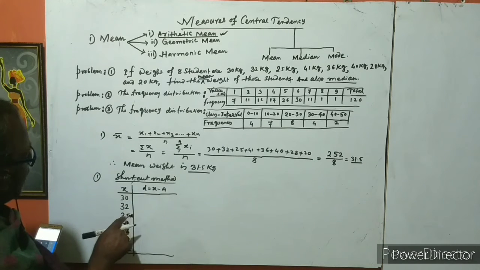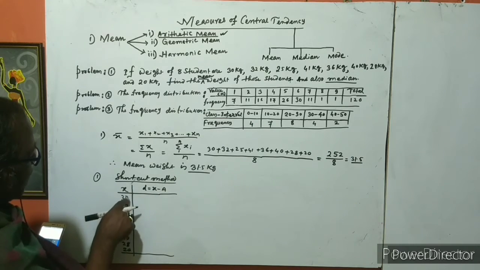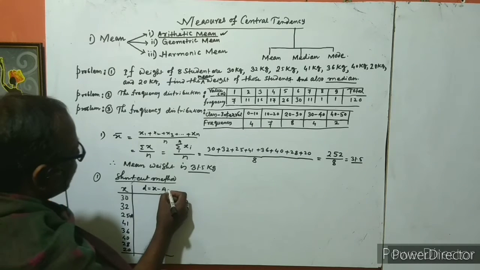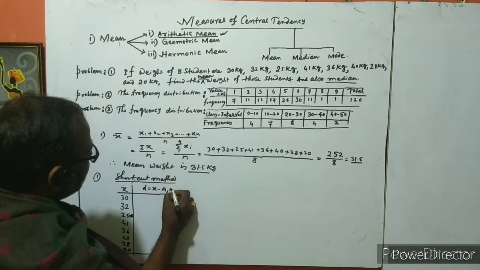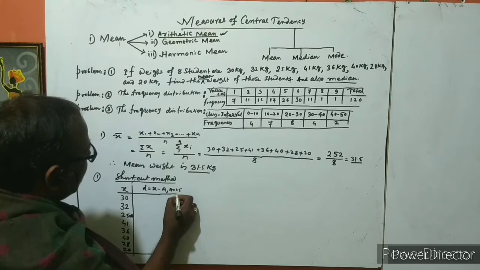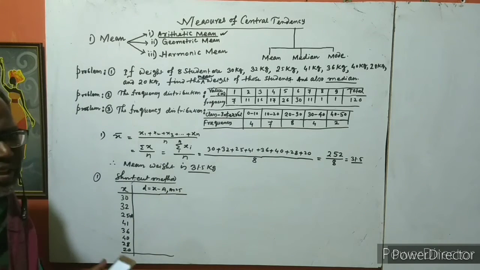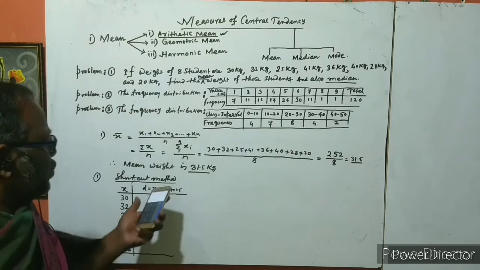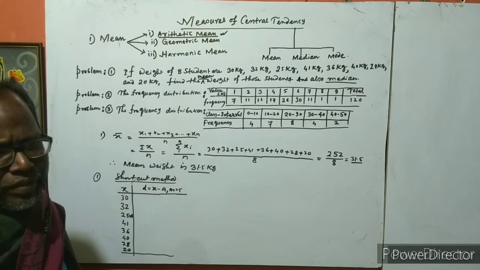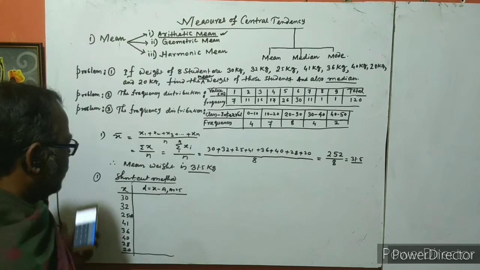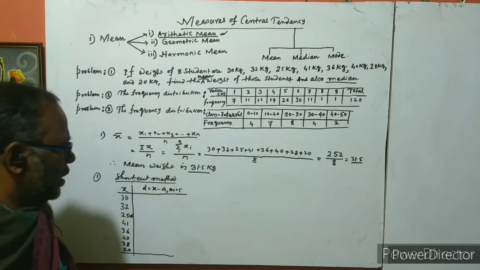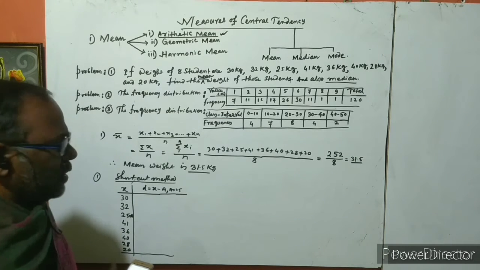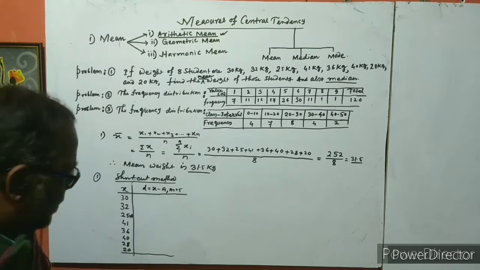So x minus a, that is 30 minus a, that is 30 minus 25. Here a means we assume 25. It is not needed that each student assumes a as 25. Some students may assume a as 35, 32, 42, or 41. That is your choice.